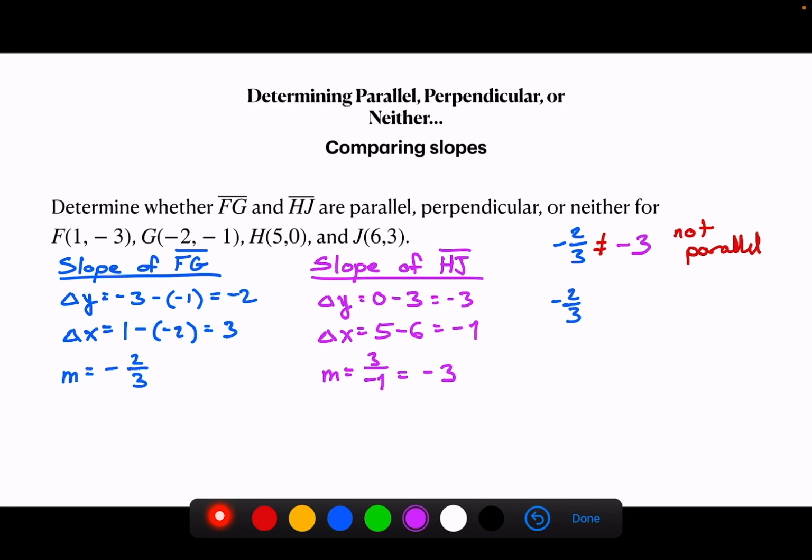-2/3 multiplied by -3 is equal to 2. And this is not equal to -1. So it is not perpendicular.